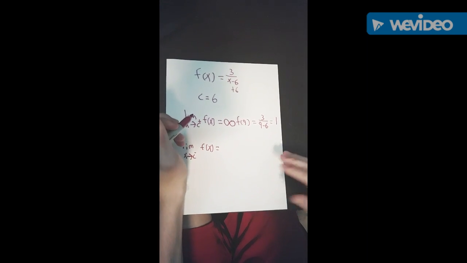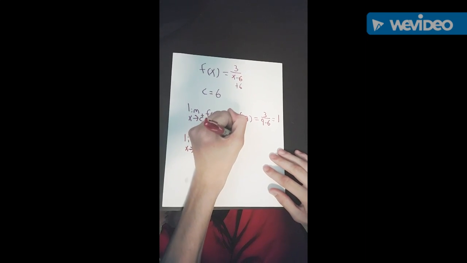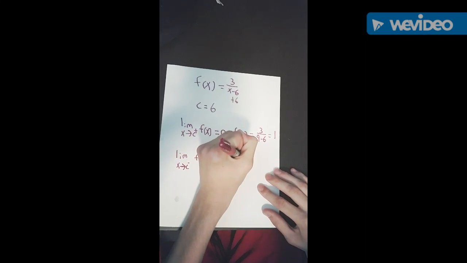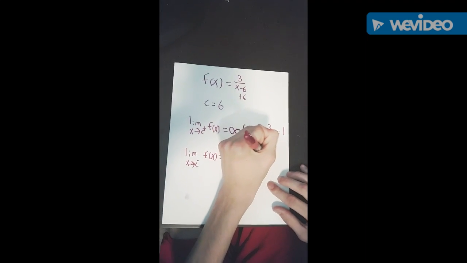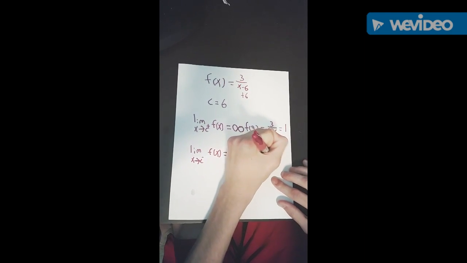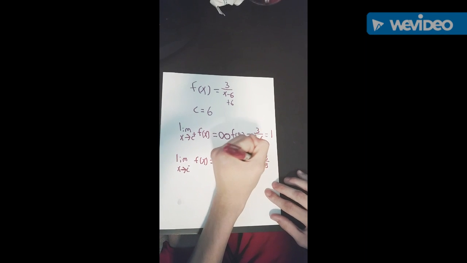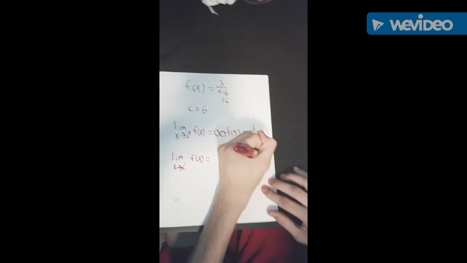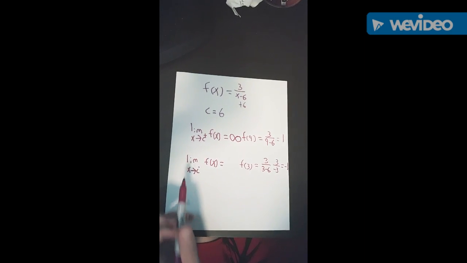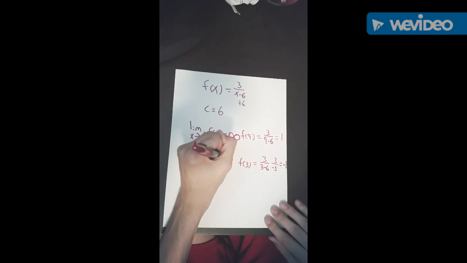So I would pick a number like 3, so it would be f of 3 equals 3 over 3 minus 6, which would equal 3 over negative 3, which would equal negative 1, which would make the number become negative infinity because the number is not positive. So I would get negative infinity.